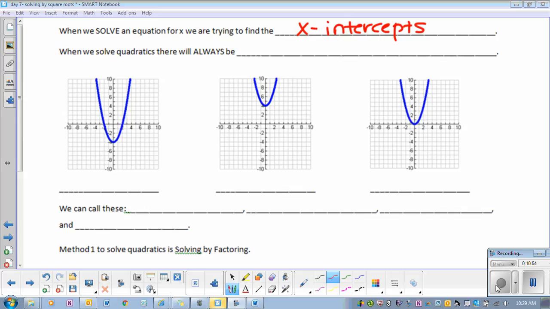And when we solve quadratics, there will always be a solution, or solutions. You always have one or two. It could be two, though. Just say there will be a solution, and put x in parentheses.